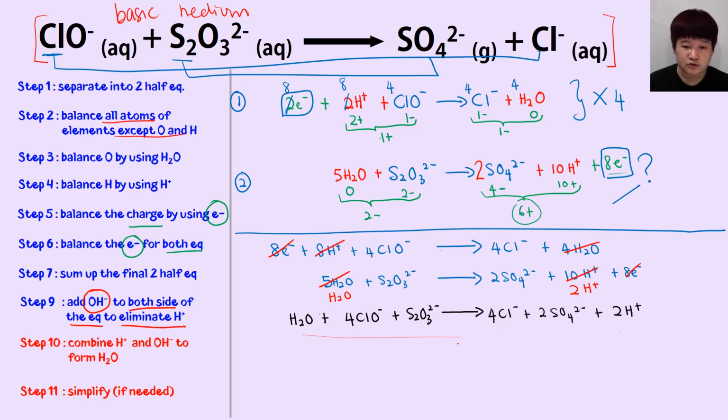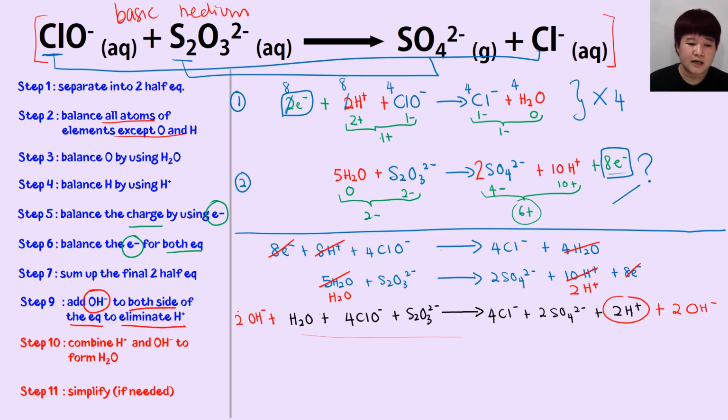And what we are going to do is we are going to add something. So when the equation is already balanced and you want to add in something, you add to both left and right. And how many OH minus do I add in? Simple. Look at the H plus. If the H plus is 2, then we will add in 2 OH minus. Same thing, 2 OH minus.